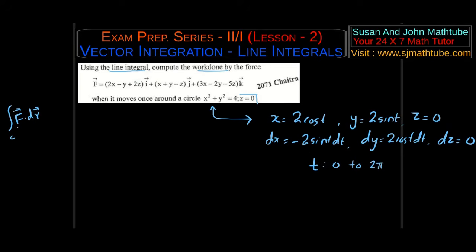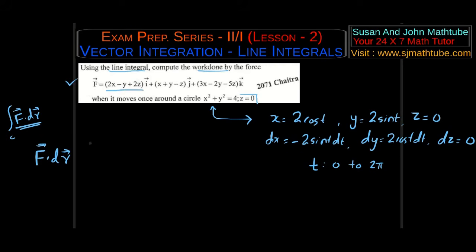Okay, so what do we need next? F dot dr. And you can write the necessary steps, but I'm going to write that f dot dr directly. But don't do that for your exam. There will be only one question for exam, so try to explain properly.